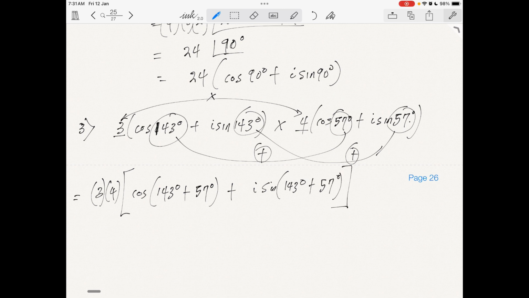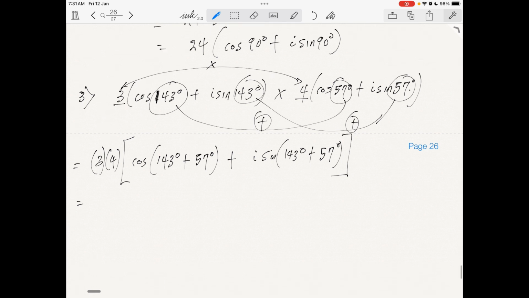So in essence, we will have 12, because 3 times 4 is 12, cos 143 degrees plus 57 degrees is 200 degrees plus I sine 200 degrees.